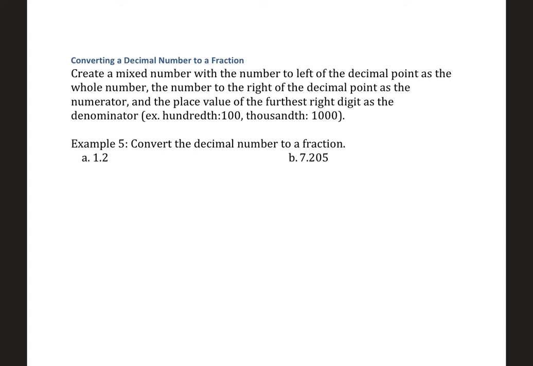So for this one, the mixed number is going to be 1. The number to the right of the decimal point is going to be your numerator, so that 2 is going to be my numerator. And then your denominator is going to be what place it's in. So 2 is in the 10th place, so it's going to convert to over 10. And I know this is going to simplify. They're both divisible by 2, so it's going to be 1 and 1/5.